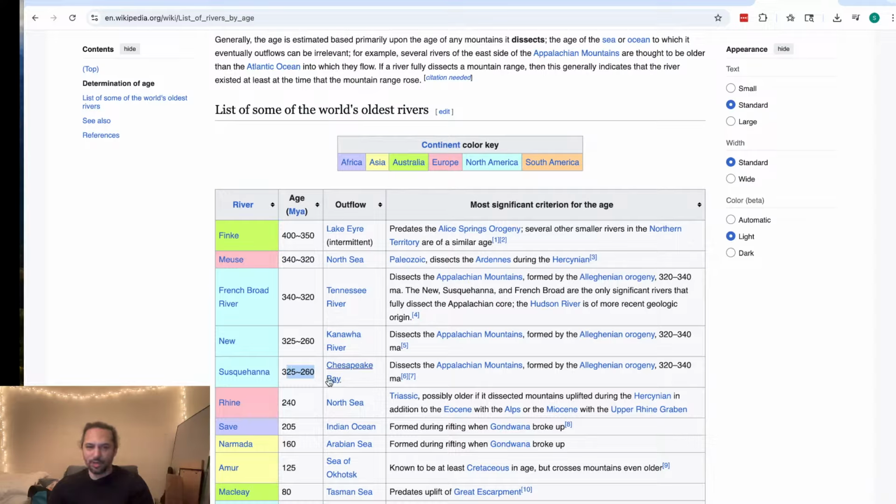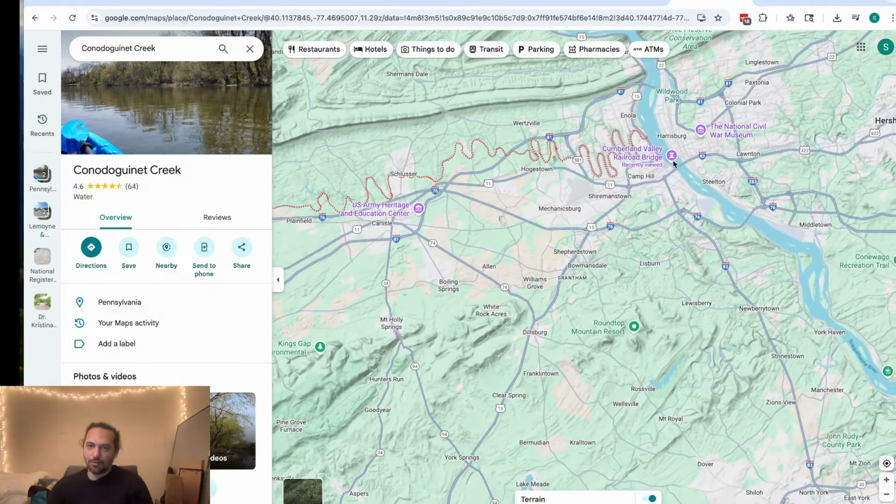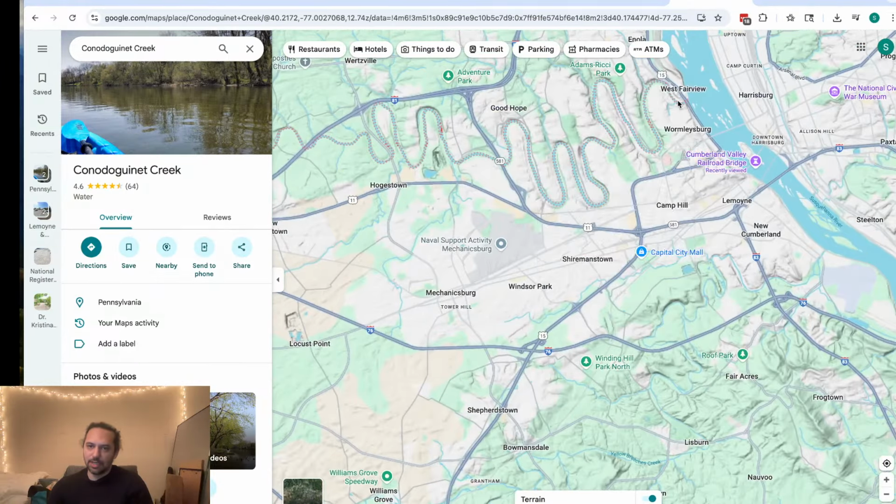These 3 rivers alone, the Kanawha, the French Broad River, and the New River, and the Susquehanna River, they're all in the Appalachian Mountains, because the Appalachian Mountains are 300 million years old. So I'm just saying, this creek has probably been flowing into this river for millions of years. And however long humans have been here, this creek has probably been there.